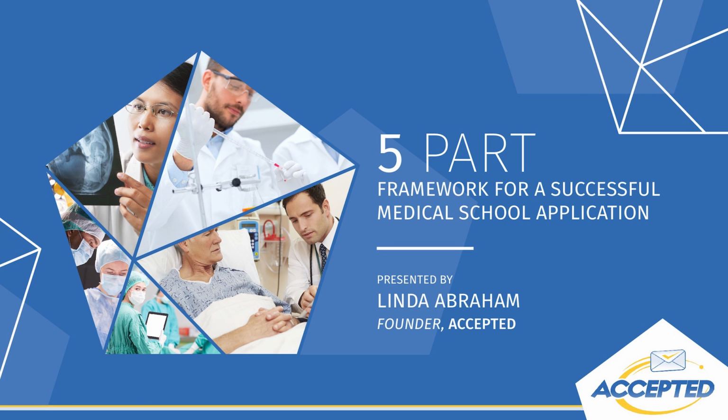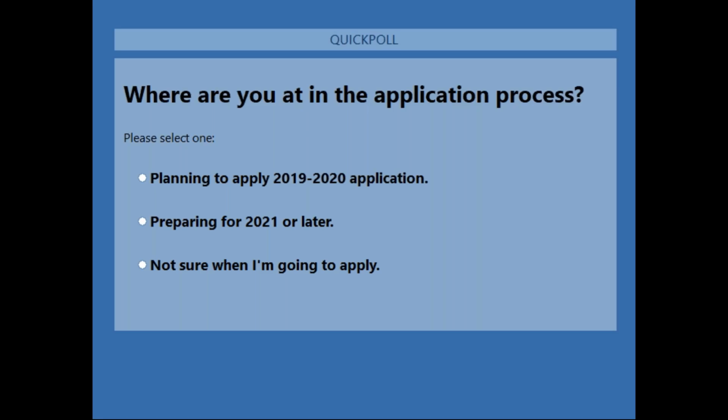Now, next question is actually a poll, and that is, where are you at in the application process? This should be now on your screen. Are you planning to apply in 2019-20, in the upcoming summer? Preparing for 2021 or later, or not sure when you're going to apply?